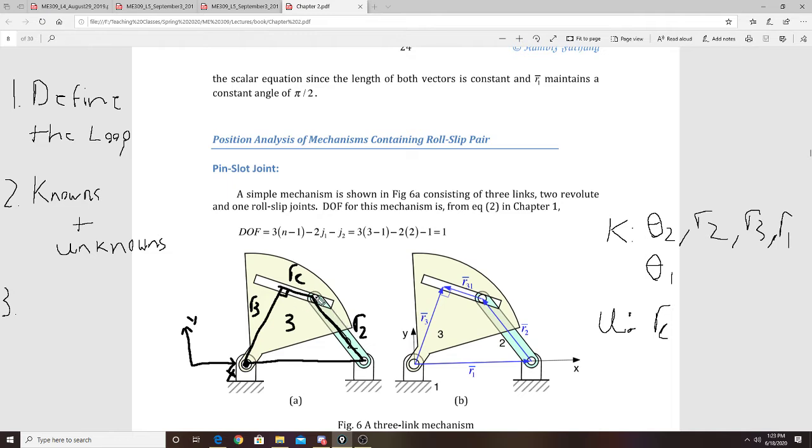Because let's say it's at the end of it right here. Let's say that RC moves to here, or that point, this revolute moves all the way to here inside the slider. RC has just gotten bigger by exactly this much, right? Plus D. So it's RC plus some distance, right? So therefore RC has just changed depending on how this thing moves. So RC is unknown. I agree with you.